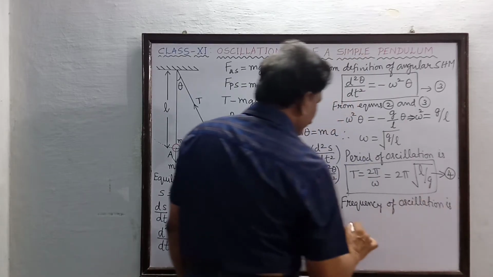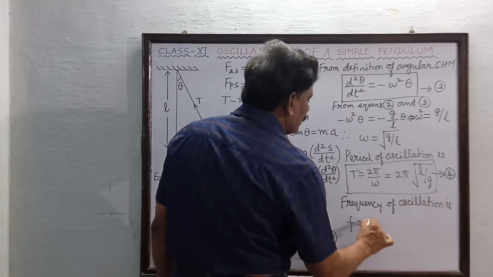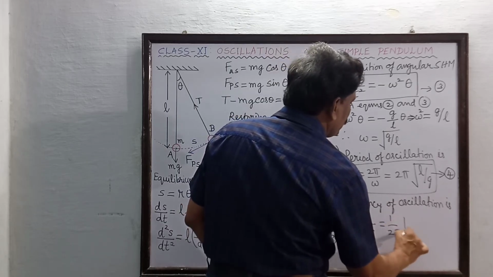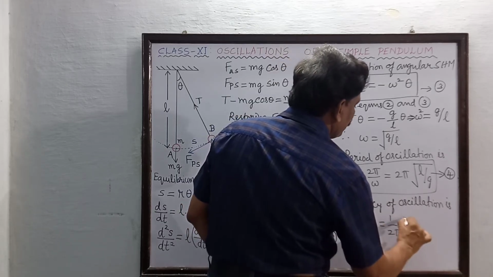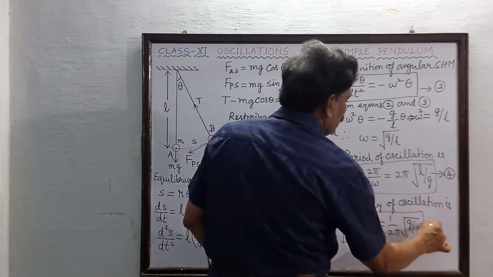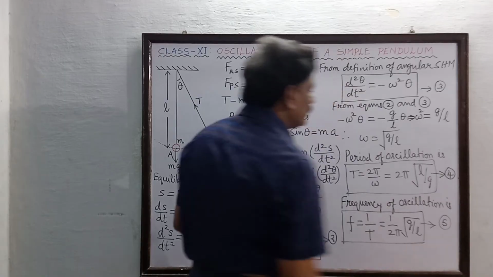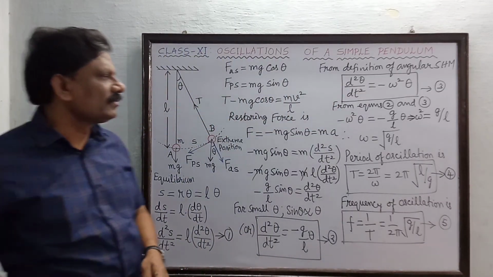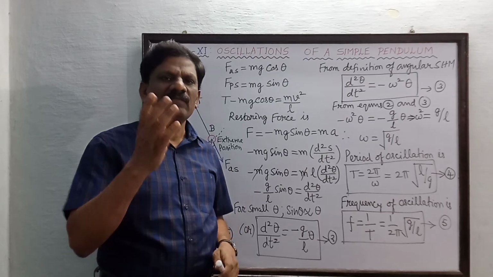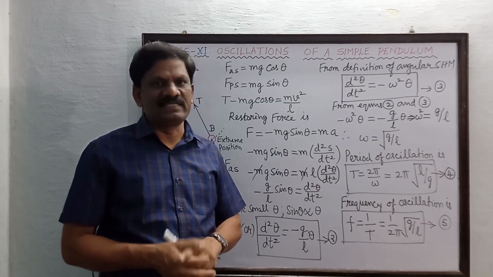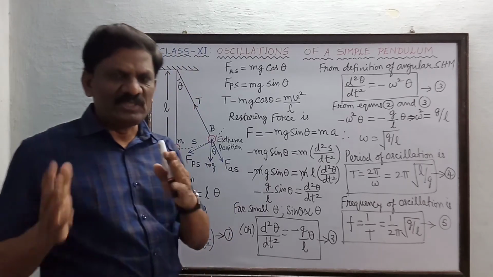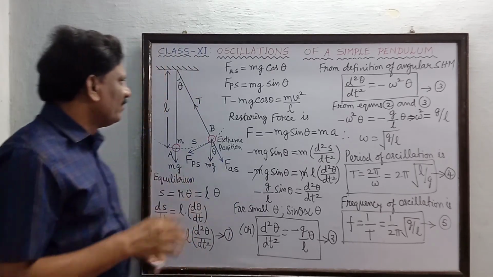So f is equal to 1 by period, that is equal to 1 by 2 pi into square root of g by L. This is the final equation number 5. The same equation we have already derived in the vertically loaded spring mass system also. Understand? Okay children, now the recapitulation is done very fast.